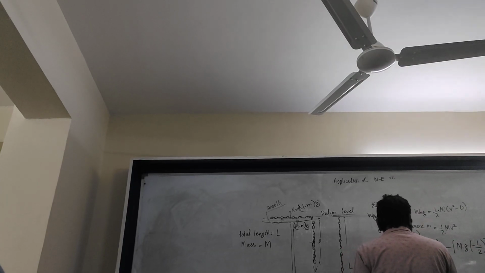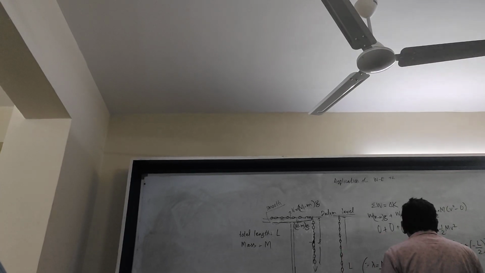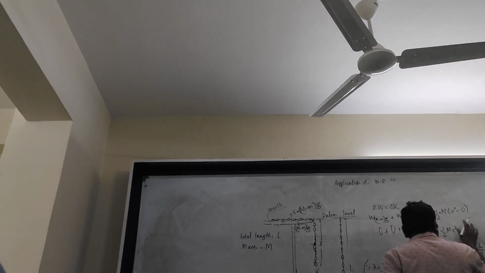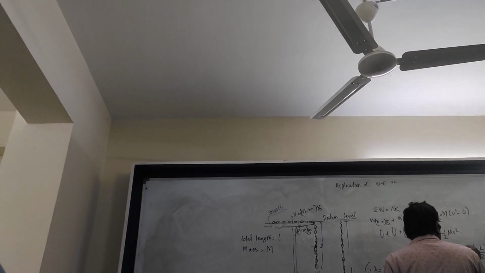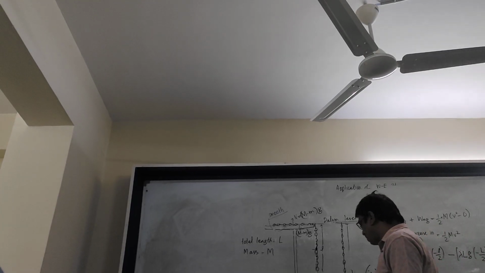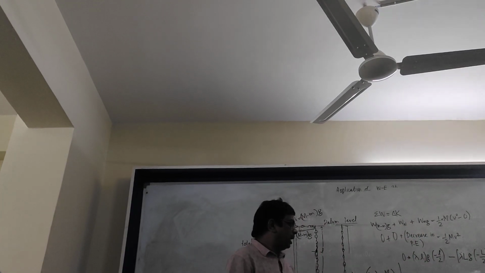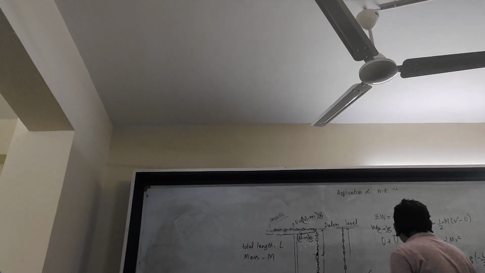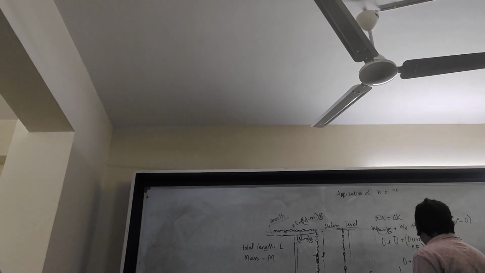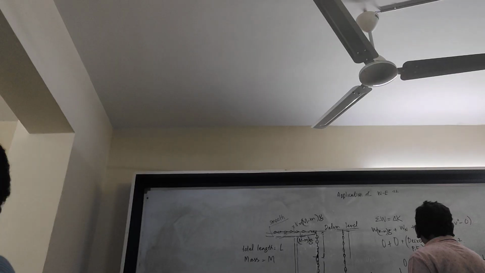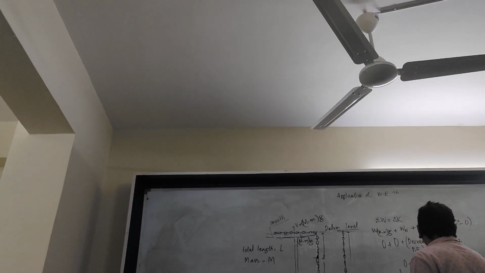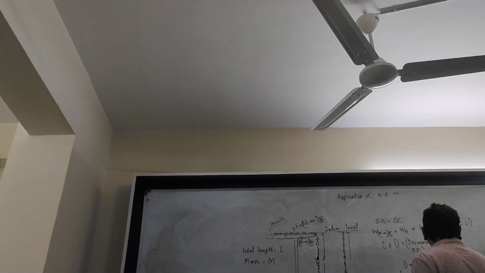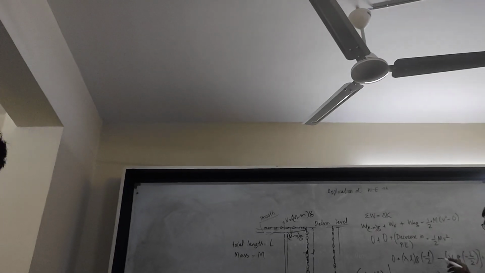Okay? So therefore, I can take this as lambda into L. Mass is lambda into L, the total mass. Later, at that time, substitute lambda equal to m by L, don't worry, capital M by L. So this capital M, I have taken as lambda L. Now what all things are constant? Lambda into g by 2 is constant. So capital L square minus small l square. Isn't it? This will become plus.